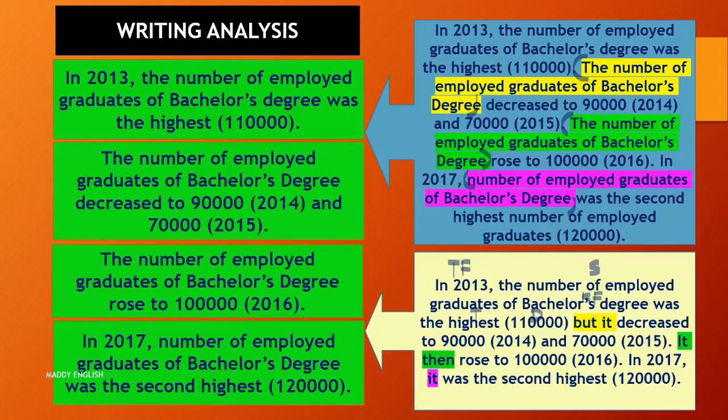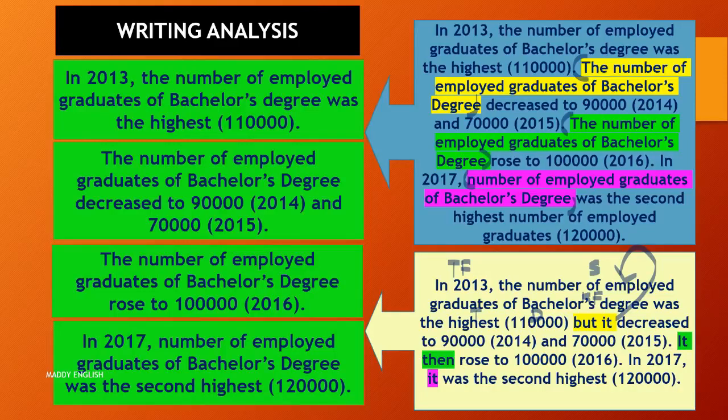But I replaced the one in the yellow phrase, it refers to the number of employed graduates of bachelor's degree, decreased to 90,000 in 2014 and 70,000 in 2015.